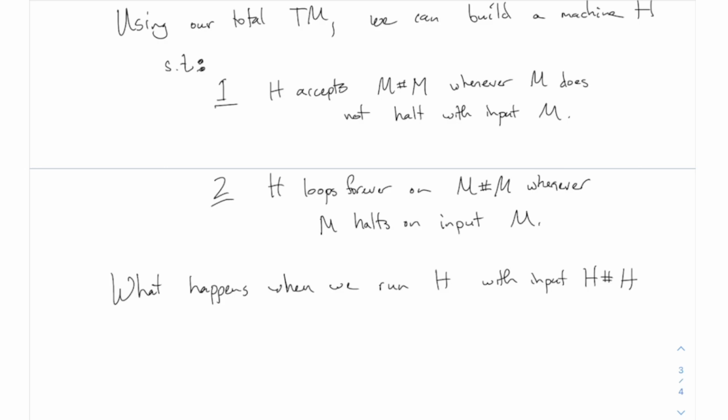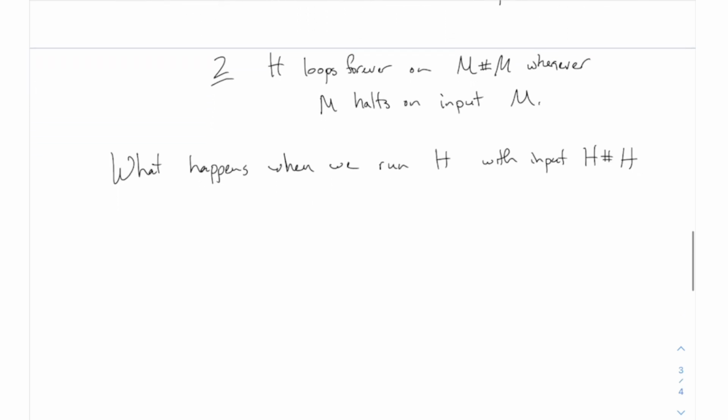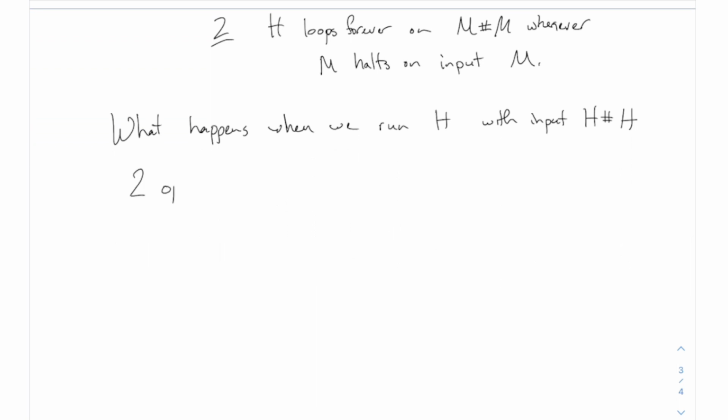We are running this machine H, which is all about running Turing machines on themselves. We are running this Turing machine on itself in a weird way, all right? And the question is, does this halt or not? There are two options. Either it halts or not, right? We will see both will lead to a contradiction.